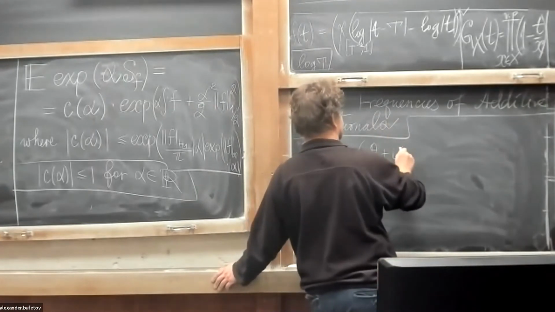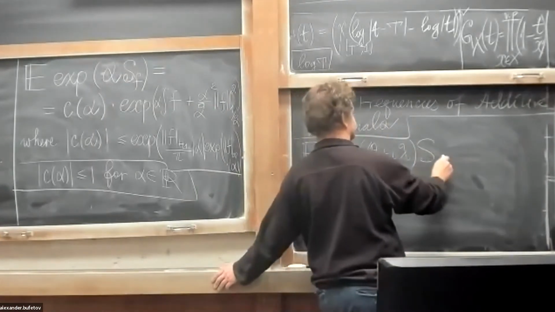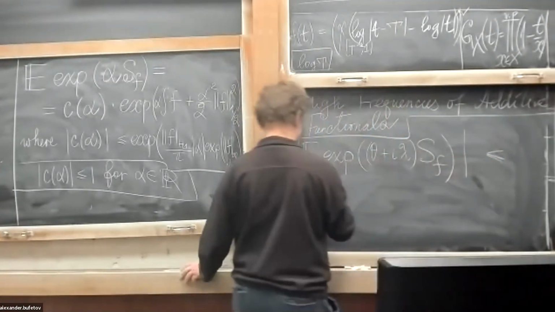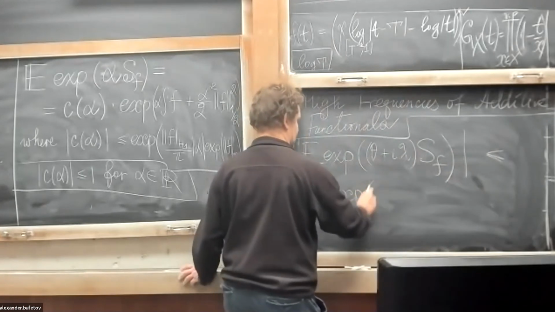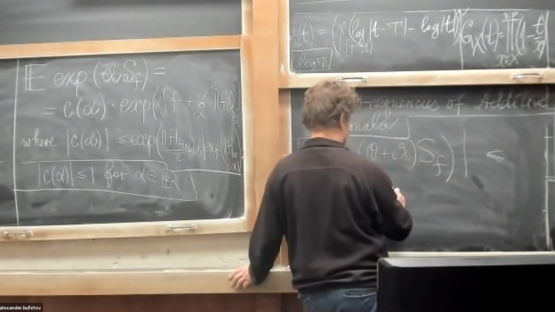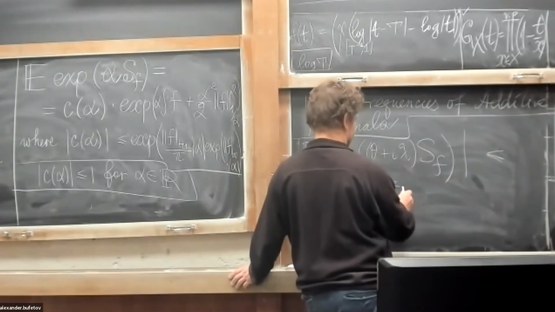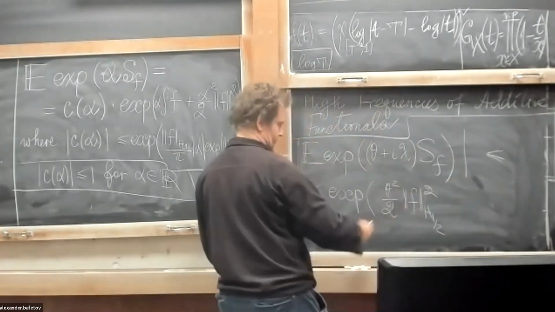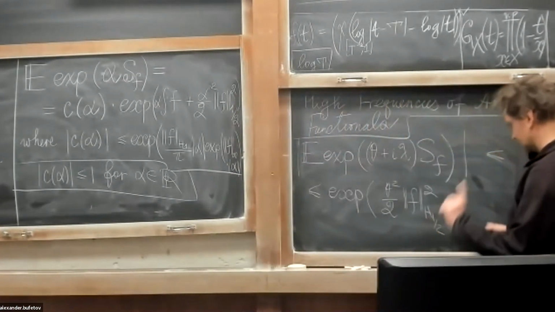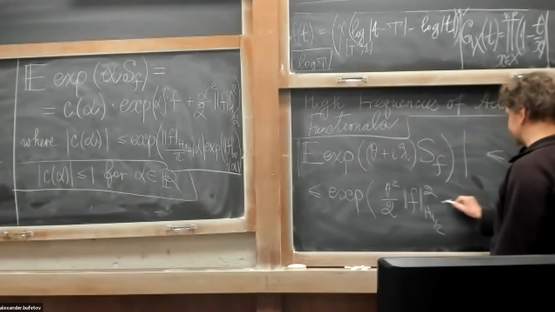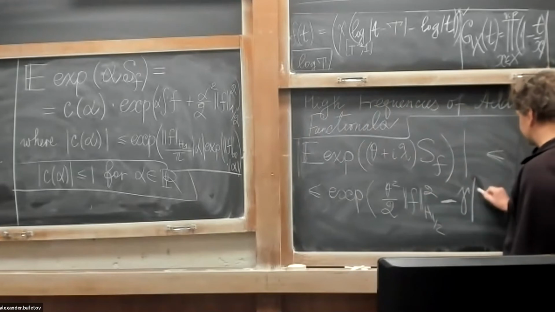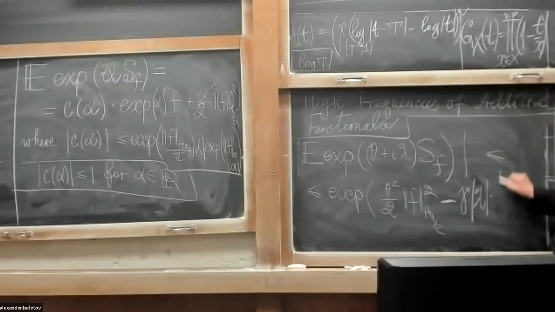Theta plus I lambda is less or equal than exponential. Well, theta square over 2, clearly f h1 half squared. So the subnormal term minus, and this is the key point, minus some gamma absolute value of lambda times this very f h1 squared.